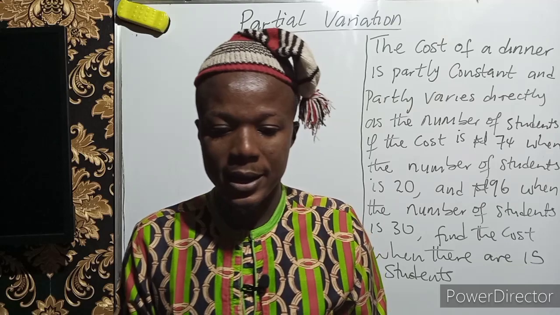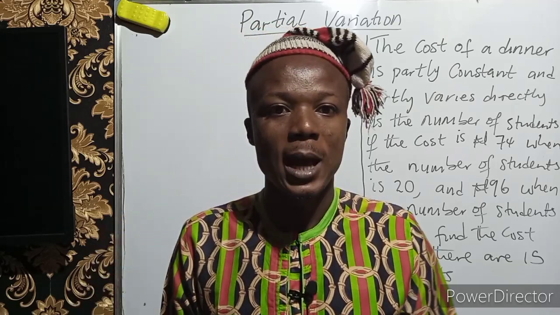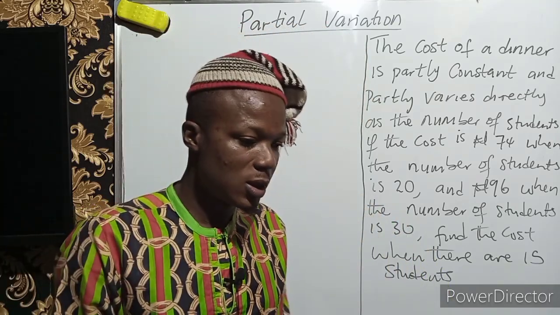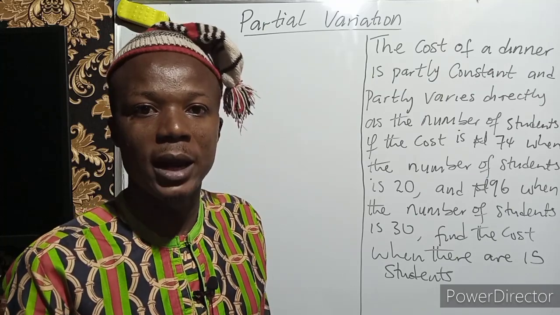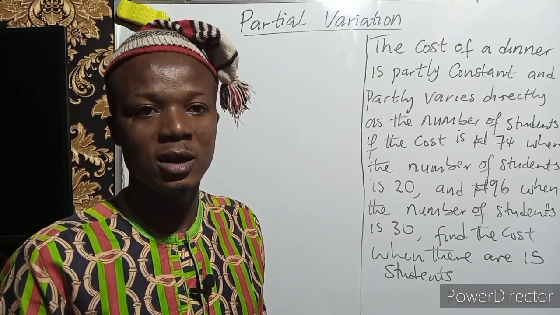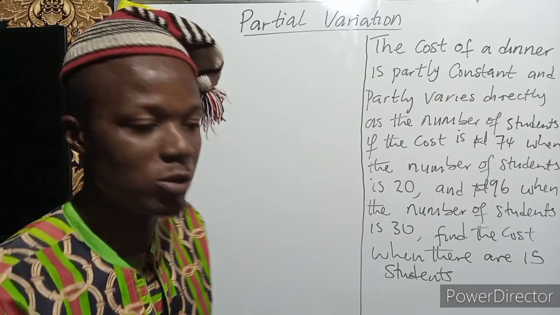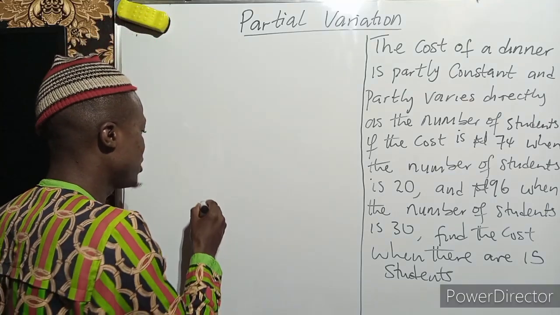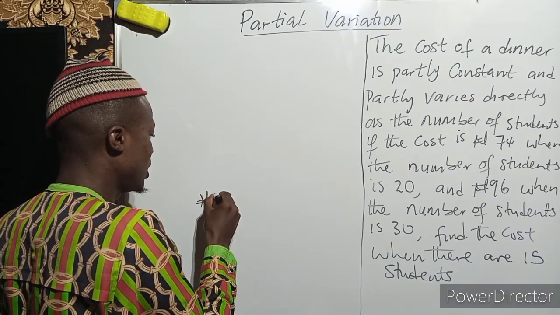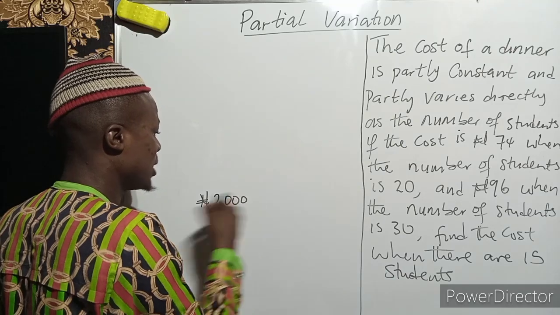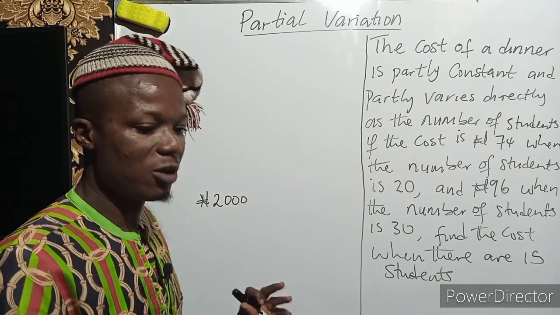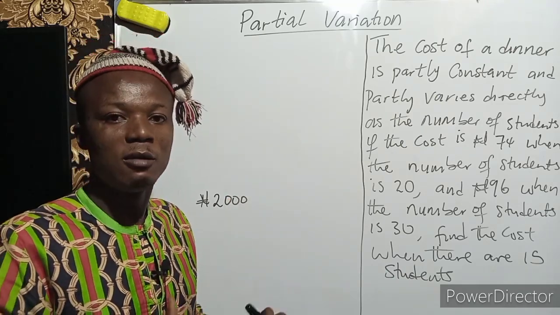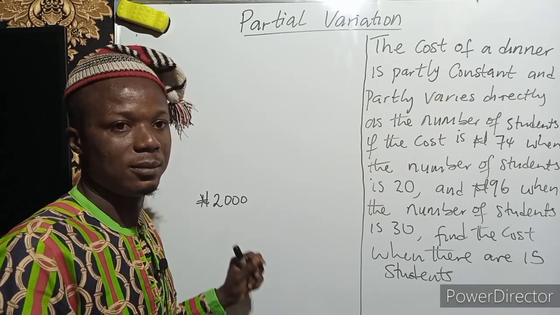Now, supposing I am a tailor and to sew a cloth, I charge a constant price on the material that will be used in sewing the cloth. Let's say the material costs me 2,000 naira, for instance. This is a constant charge I normally charge people for sewing clothes for them.